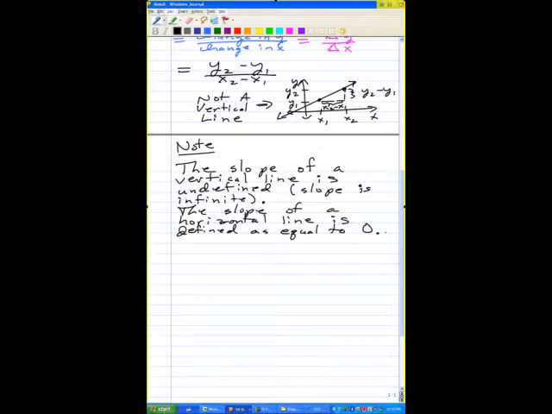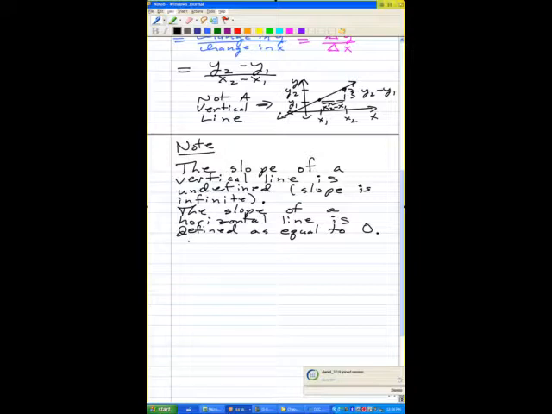And it's equal to the value 0. So you go 1 in the x direction, but you don't have to go up or down any in the y direction to get to the horizontal line because you're already on the line.